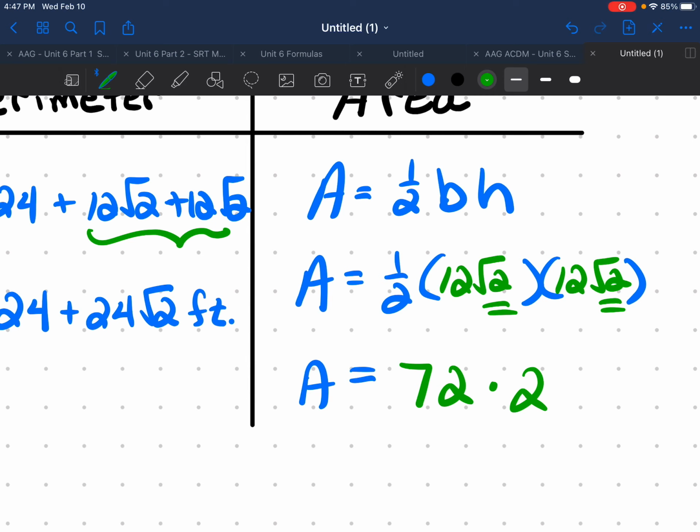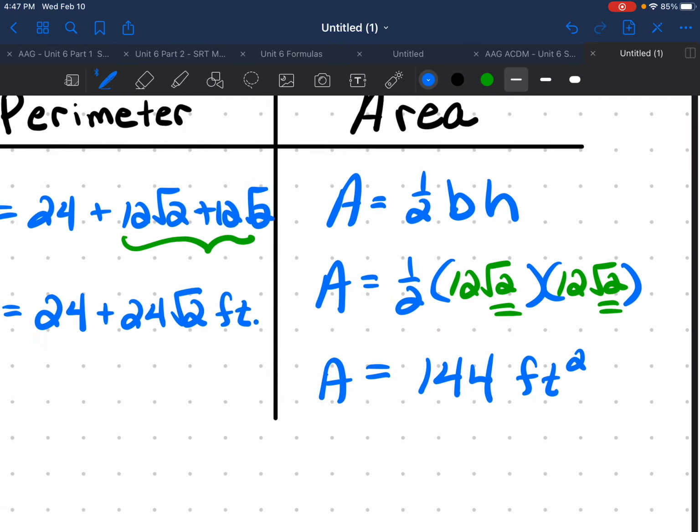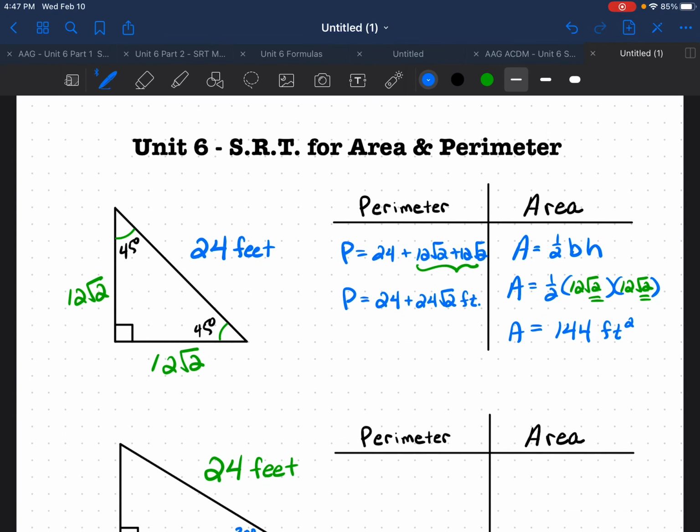Yes, it's radical 4, but you should not leave it as radical 4, since the square root of 4 is just 2. So last thing I have to do here is multiply 72 times 2, and that's going to give me an area of 144. I'm also going to put the appropriate units, which is feet squared.